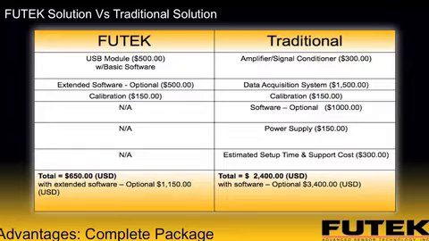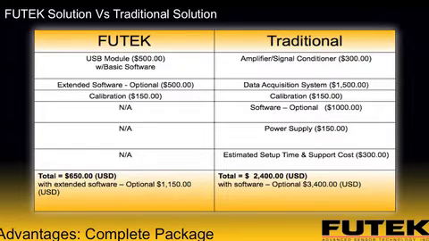The system software for the data acquisition, which could be optional, could range up to $1,000 and may require a power supply in the range of $150. The estimated setup time and the total support cost could add up to another $300 to the system. Therefore, the total, excluding the software, could be in the $2,400 range, up to $3,400 including the software.